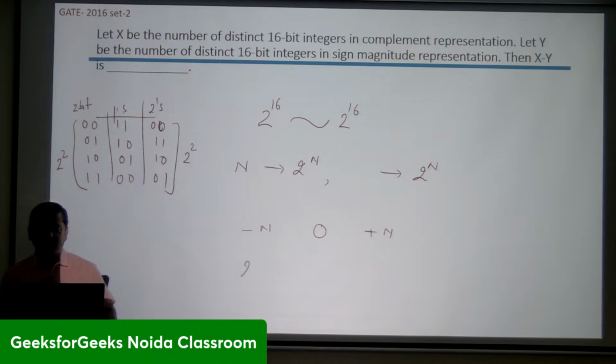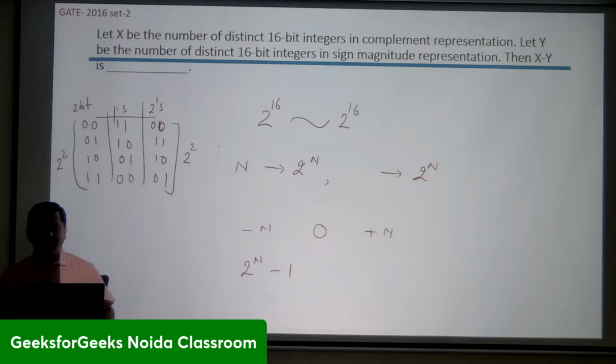So if there are 2 to the power n possibilities for unsigned numbers, for signed numbers it is going to be 1 less than the total. The total number of values corresponding to signed numbers is 1 less than the total existence.